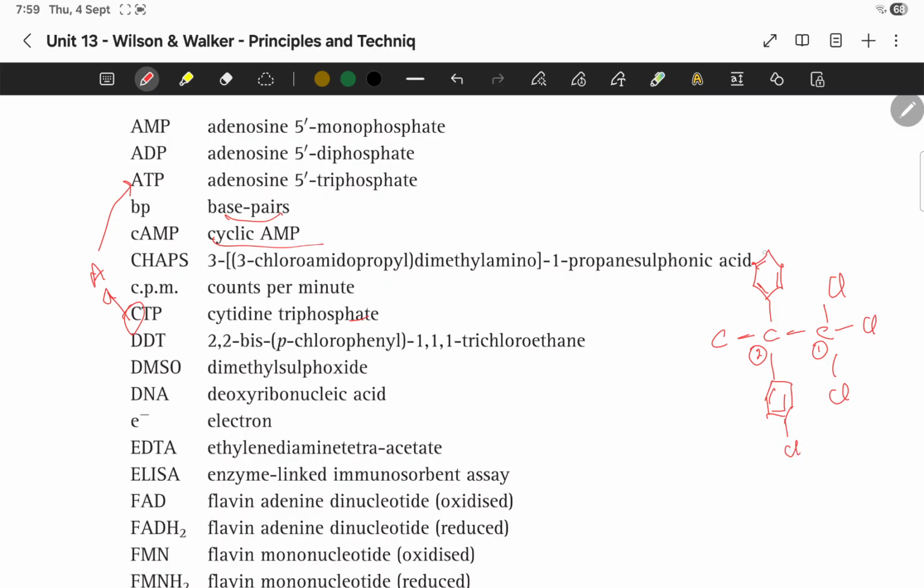This is para. Don't trust me, but I think this is DDT according to what this says: 2,2-bis(p-chlorophenyl), and 1,1,1 trichloroethane. Okay, I don't believe myself.